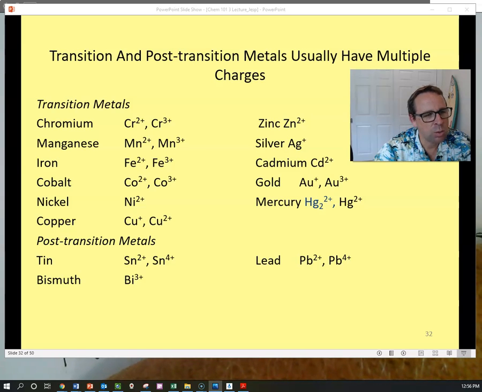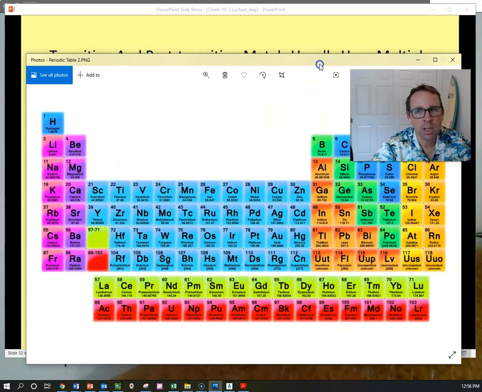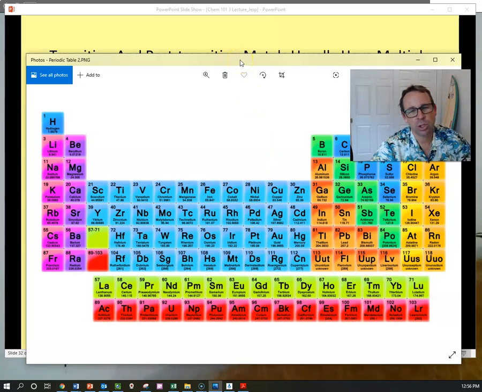We're not going to be asked to predict what the charge state will be at this point, but as a rule for now, if it's a transition metal or a post-transition metal, the orange here or the blue, it's able to have multiple charge states.